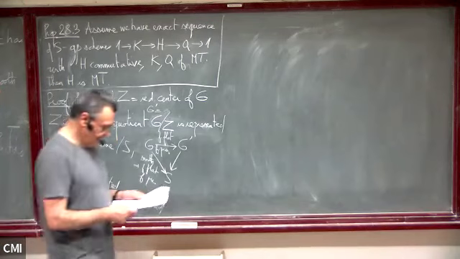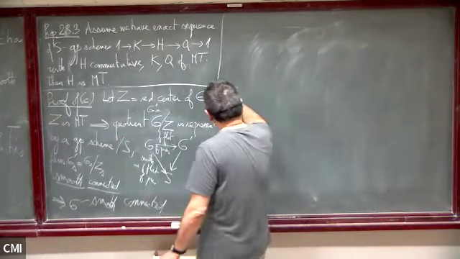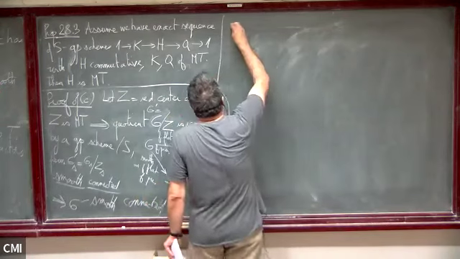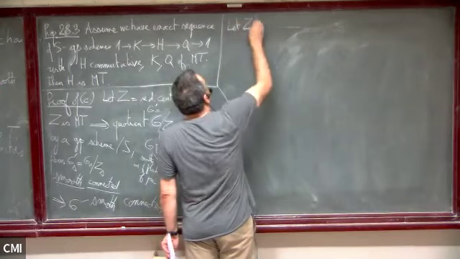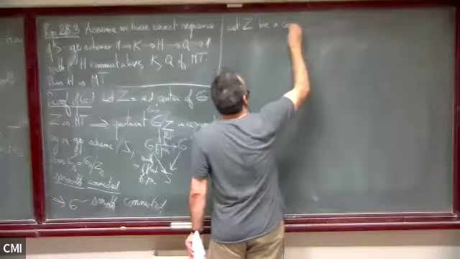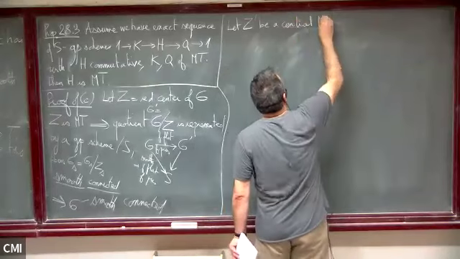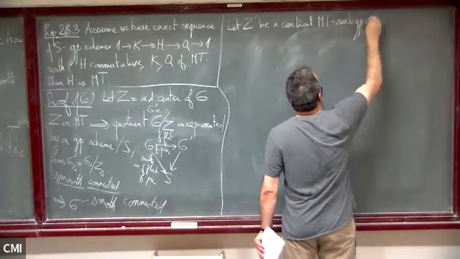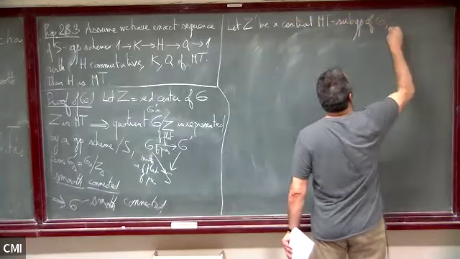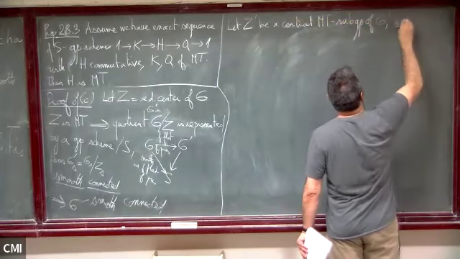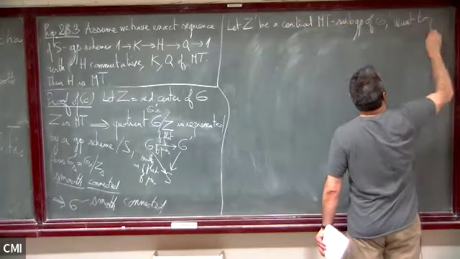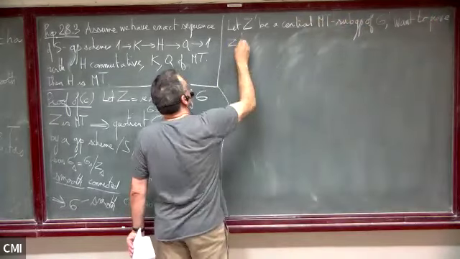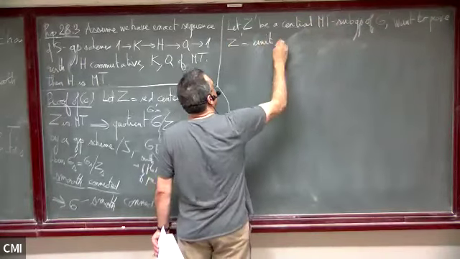So, okay. And let Z prime be a central multiplicative type subgroup of G prime. And so what we want to prove is that Z prime is a unit group.